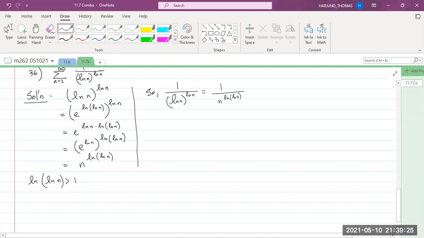Now, all I need is actually this exponent. I need to show that this exponent here is eventually more than 1. Okay? It's eventually more than 1.